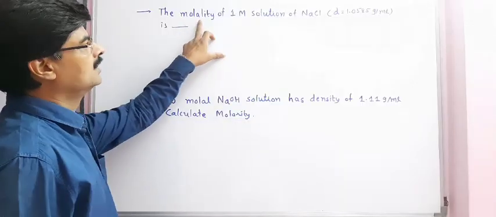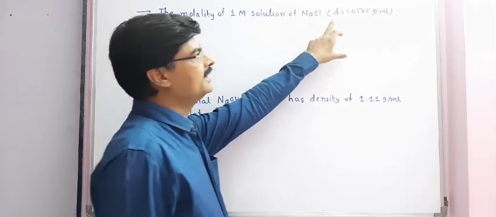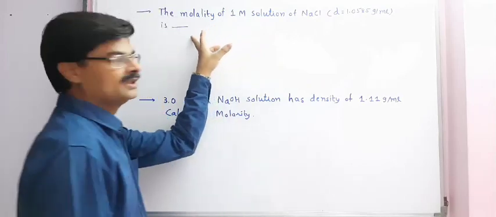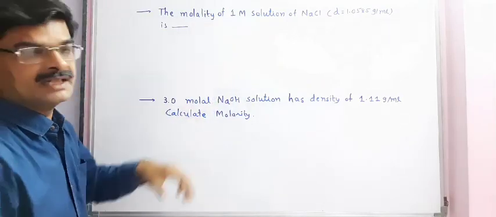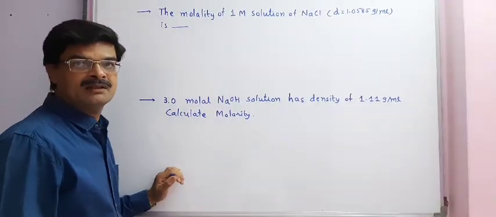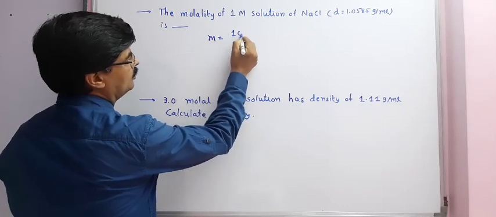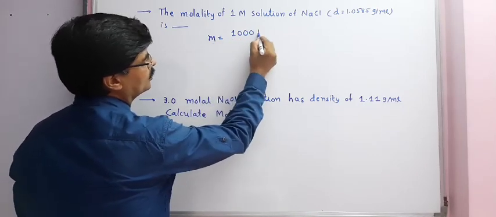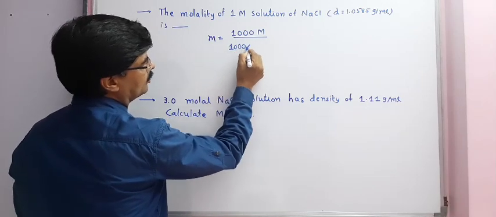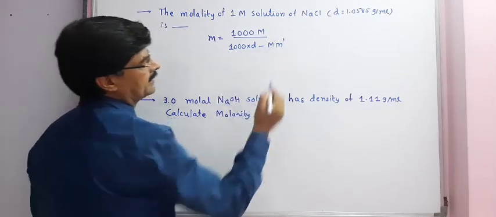The next sum: the molality of 1 molar solution of NaCl with density 1.0585 gram per ml is what? So we have to find out molality. Considering the formula relating molarity and density, molality is equal to 1000 into M divided by 1000 into density minus M into m dash.